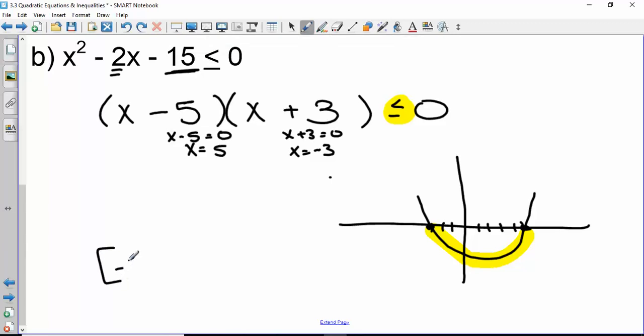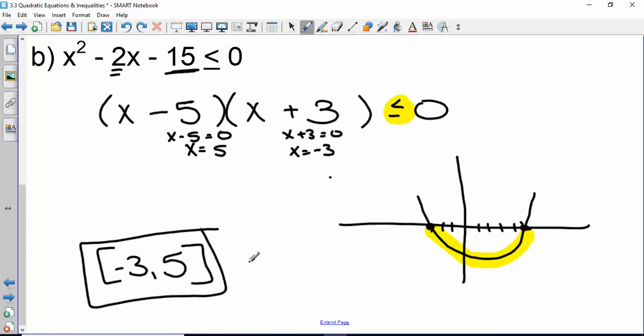So this starts at negative 3, which would have a bracket, and ends at positive 5. Questions there?